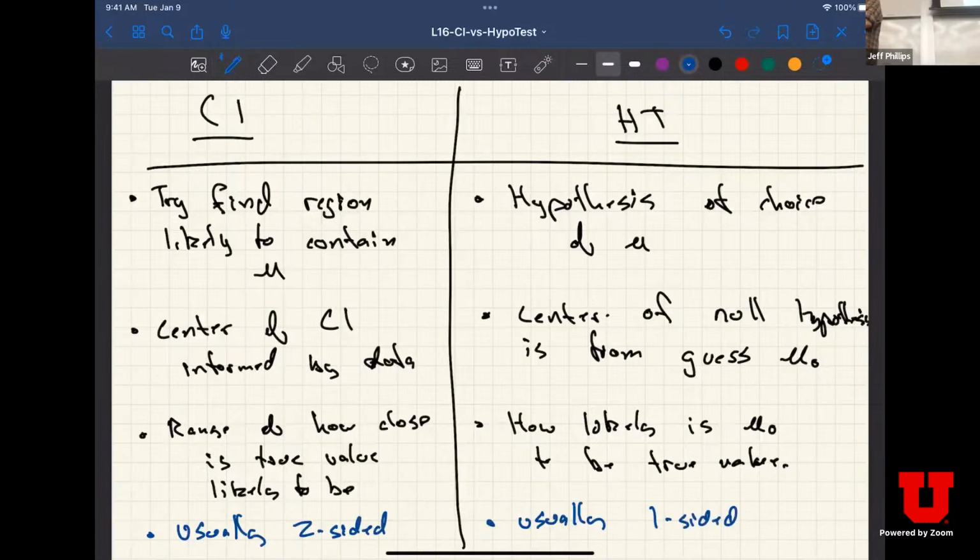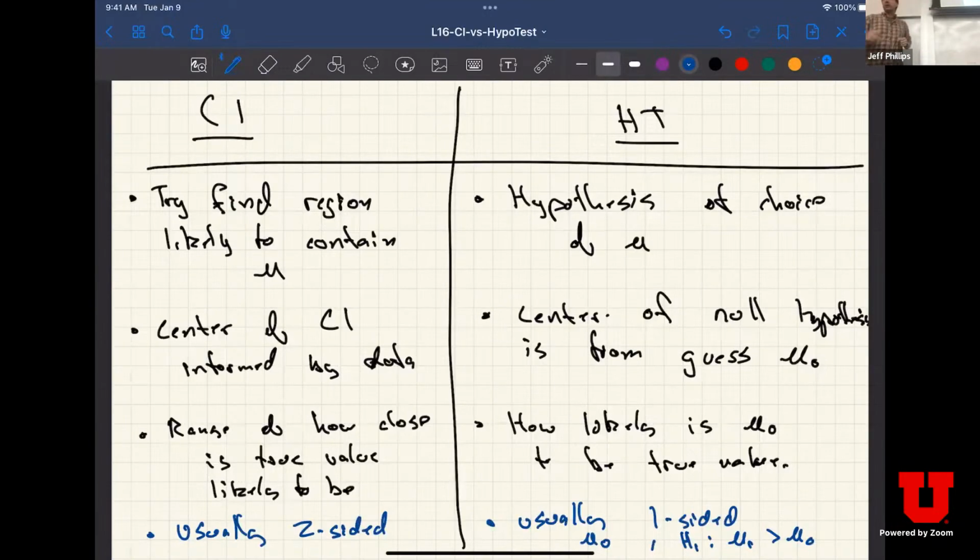Usually I say there's mu zero, and then the alternative hypothesis is that there exists a better mu one, which is greater than mu zero. So I only need to try and rule it out on one side. If I think something's probably larger and it happens to actually be smaller, I don't worry about this case.